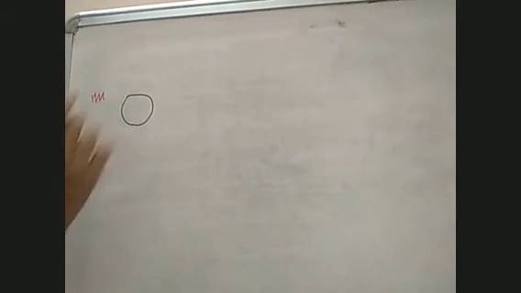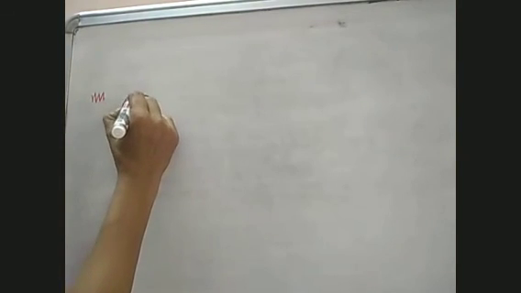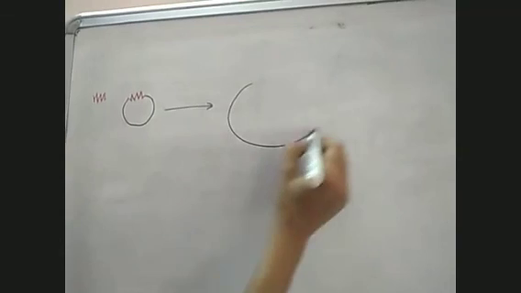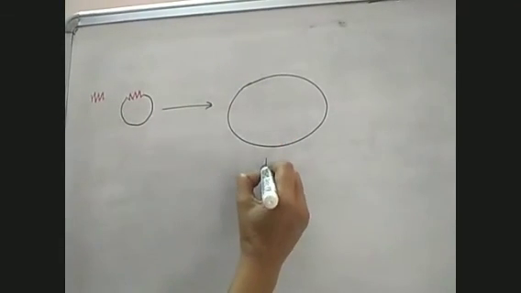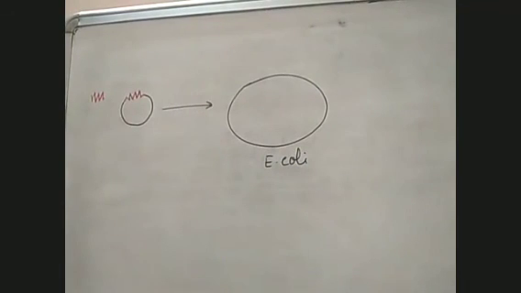Now suppose we have taken this insulin producing gene in a plasmid. This is a vector. Now this vector will take this insulin producing gene into the host, and let's say the host is E. coli. Mostly E. coli is used as the host, the bacterium Escherichia coli.